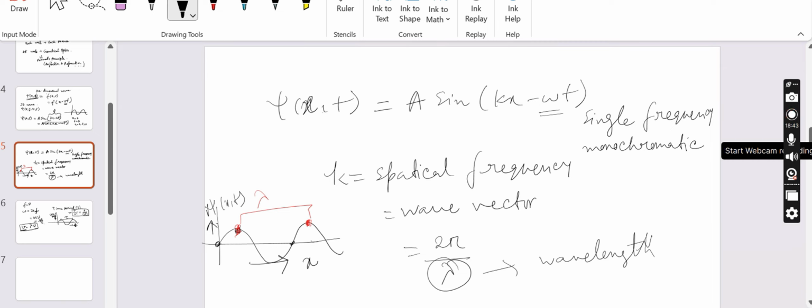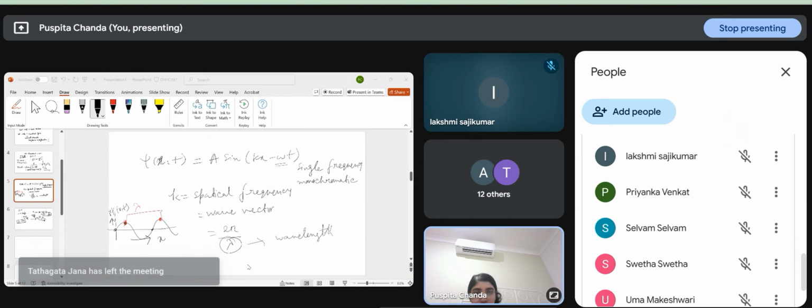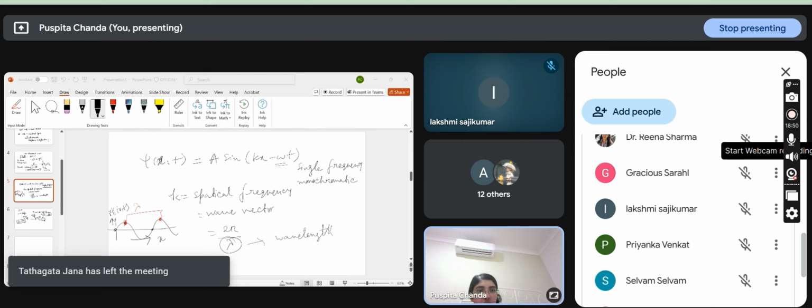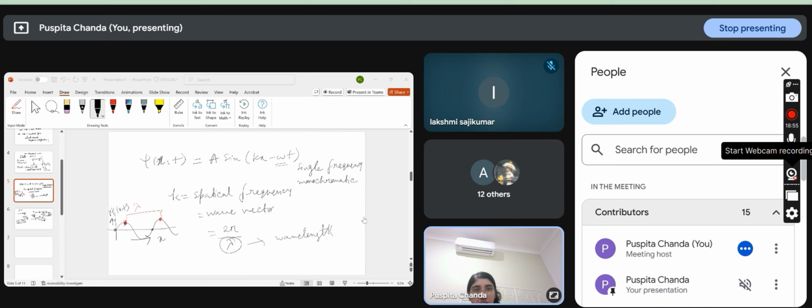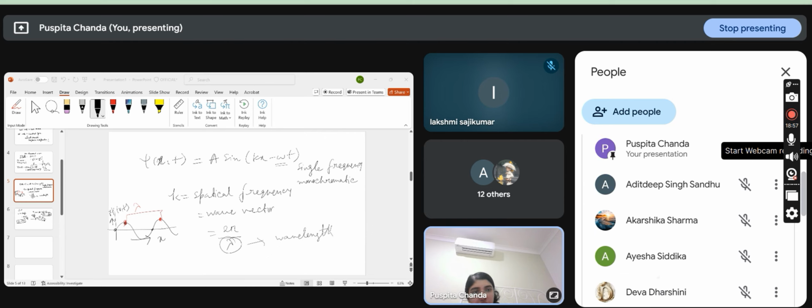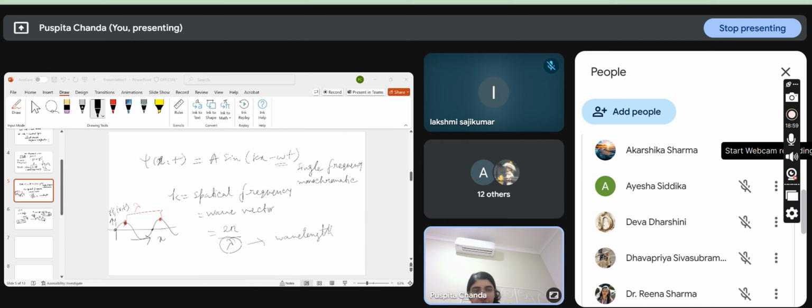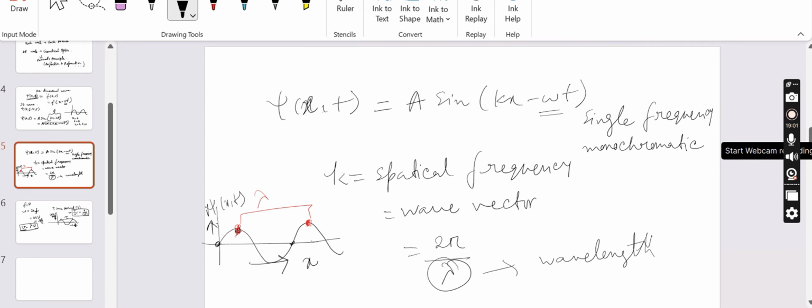But in general, waves are not monochromatic.